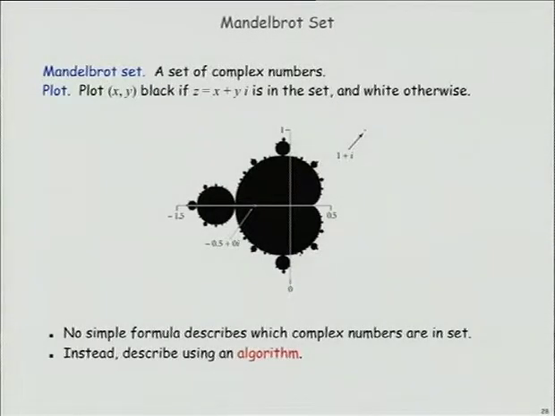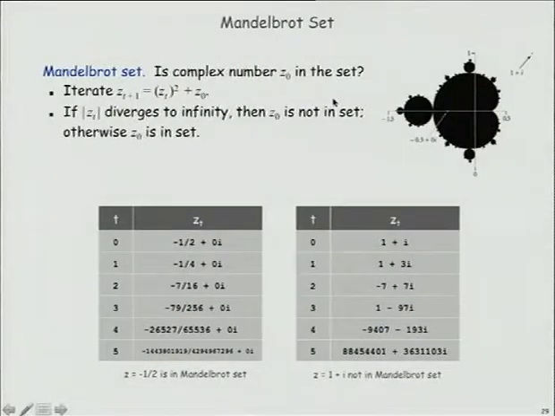Now, I've just redefined the problem. The question is, when is this point xy, or when is z, in the Mandelbrot set? There's no simple formula to do so, so we have to use an algorithm. The question I want to answer is: is z0 in the set? What we do is calculate this series.